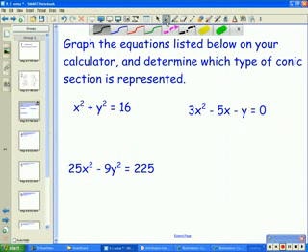So let's grab our pen tool, and let's solve this equation for y.